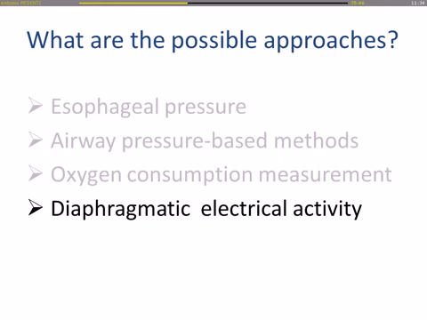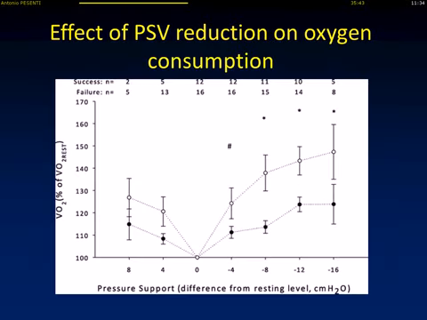But can you see anything? Yes. If we plot oxygen consumption around the minimum level of oxygen consumption, we see that it's true. Successful patients start from a different level of oxygen consumption than failing patients. But the change in oxygen consumption is much higher in patients that succeed.